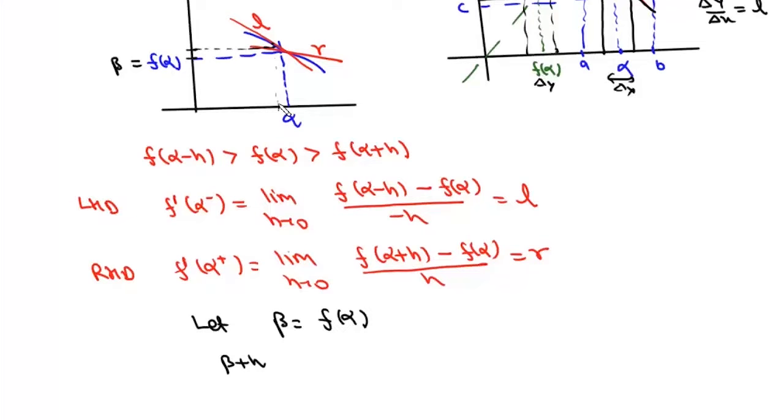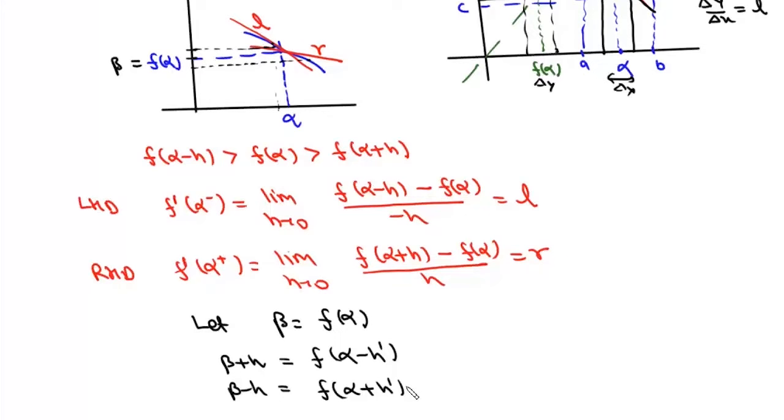That means we are moving towards the left hand side of alpha. So that means this is equal to f alpha minus h dash, and if we are decreasing the value of beta, then beta minus h dash, we are moving towards right of alpha. So then it will be f of alpha plus some small value h dash.